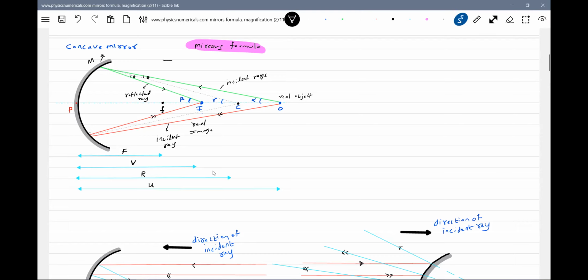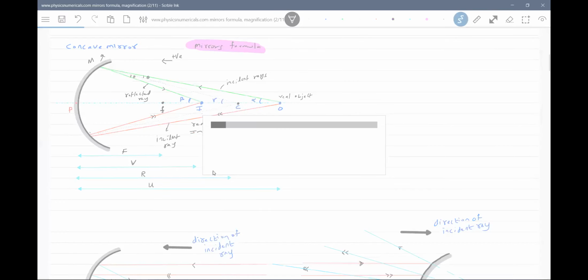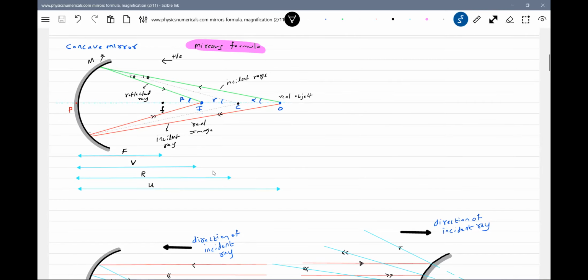The incident rays are moving towards the left, so any distances measured in the direction of the incident ray should be taken as positive. So what does the sign convention say?